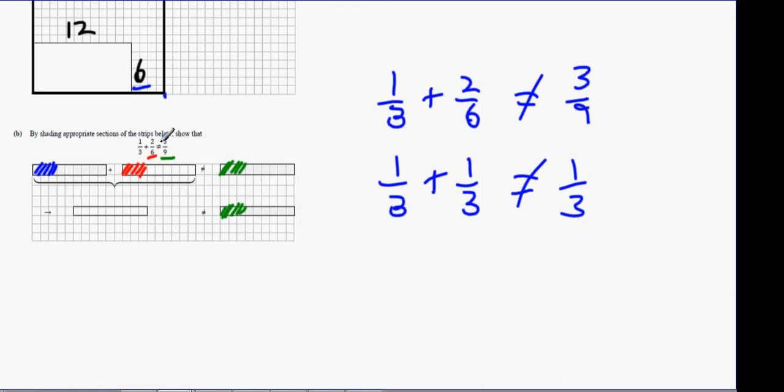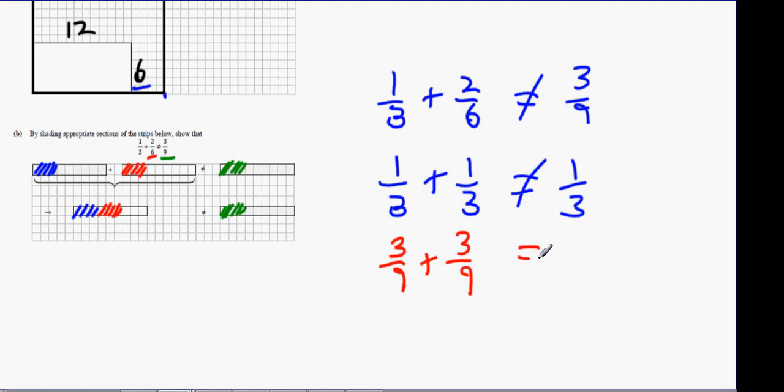That represents 3/9. Then we're going to add the blue box to the red box. And what we're going to get is this. The blue is worth 3. The red is also worth 3. And what we can see here is that 6 boxes does not equal 3 boxes. In essence, a third plus a third is the same thing as 3/9 plus 3/9.